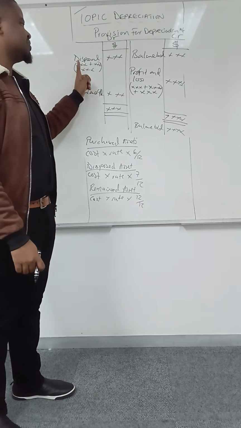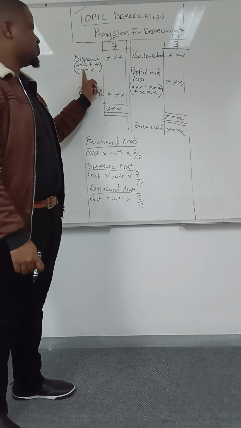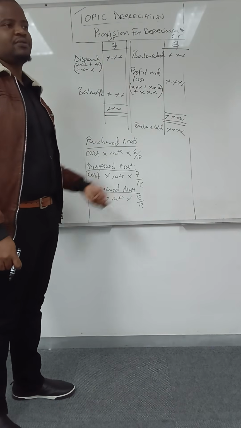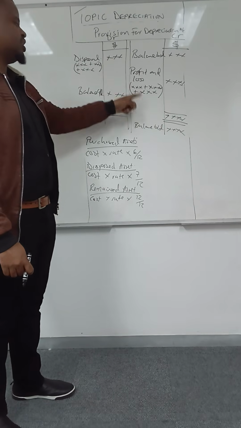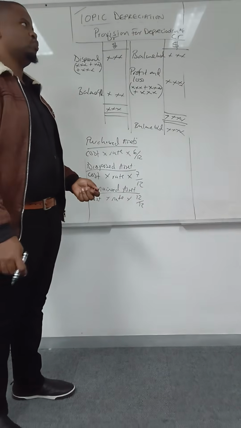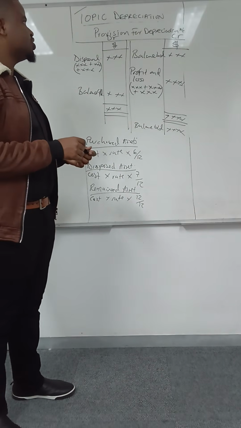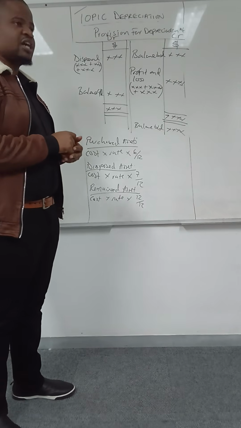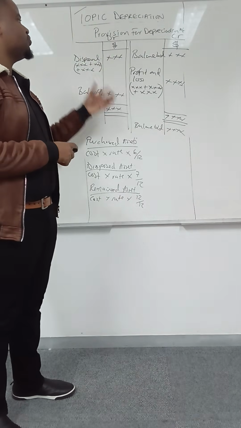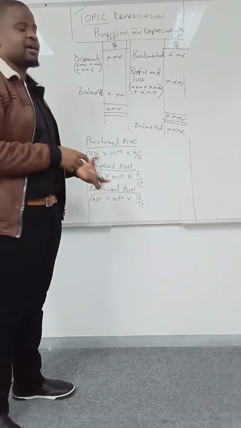So that's the difference between depreciation for the disposed asset and depreciation for profit and loss. Once you get these things, this account will become simple to you. So in general, that's how we calculate depreciation for the provision for depreciation account.